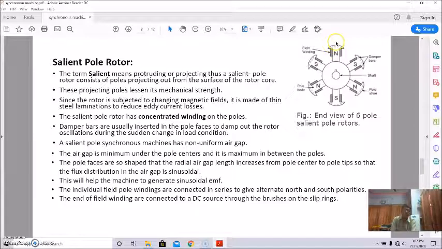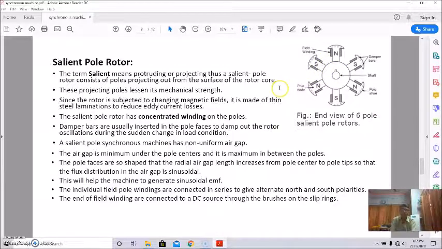In the direct axis it is minimum, and along the quadrature axis, it is maximum. Salient means protruding or projecting. Thus a salient pole rotor consists of poles projecting out from the surface of the rotor core.